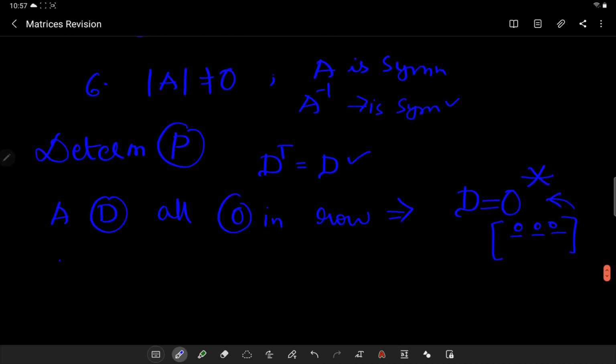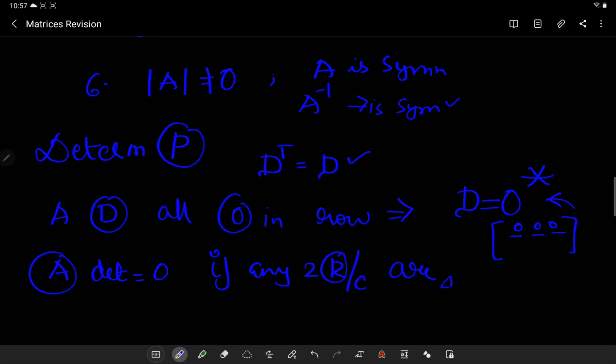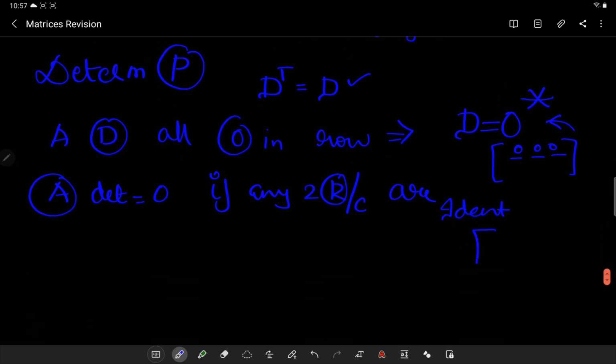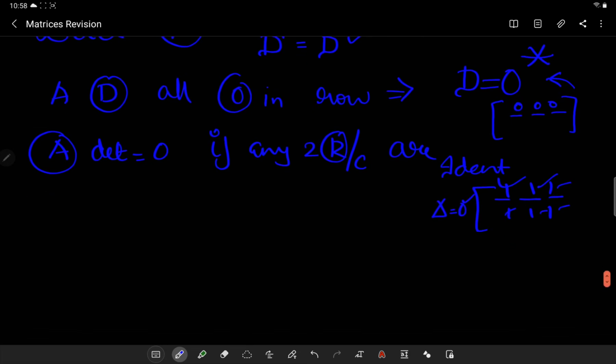Also, the determinant of a matrix will be 0 if any two rows or columns are identical or proportional. So what is the meaning? If there are two rows having 1 1 1 and 1 1 1, so both are identical in nature, so automatically the determinant will be 0.